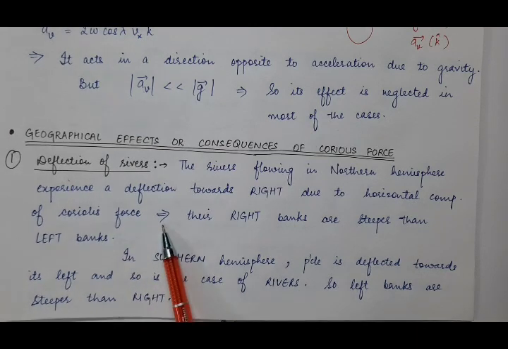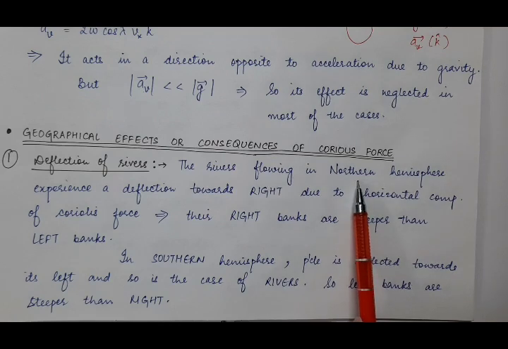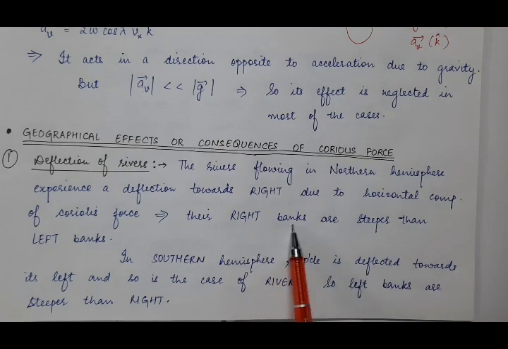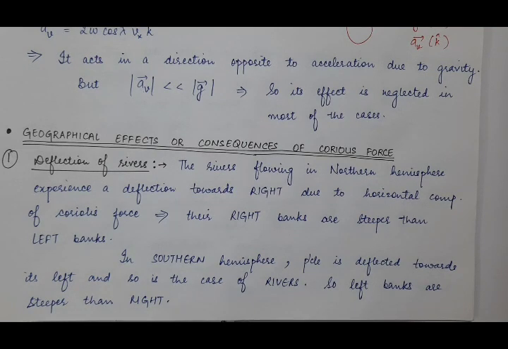Because of that, you will see that all the rivers flowing in the northern hemisphere have right banks that are steeper than the left banks, because the water experiences force towards the right. And in the southern hemisphere, the particle is always deflected towards its left, and so is the case with rivers.